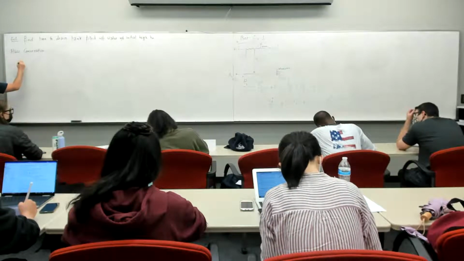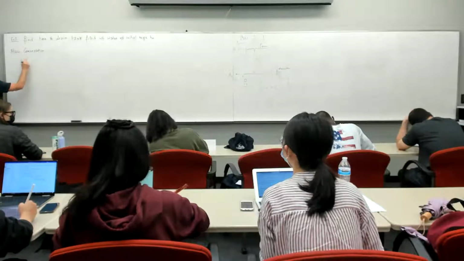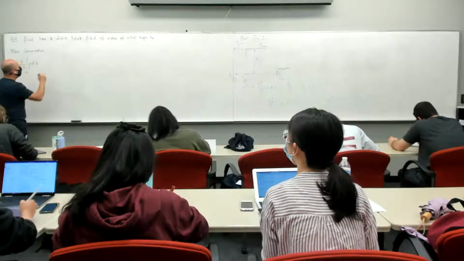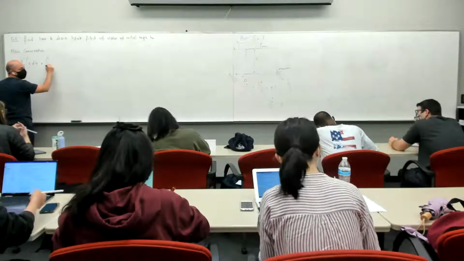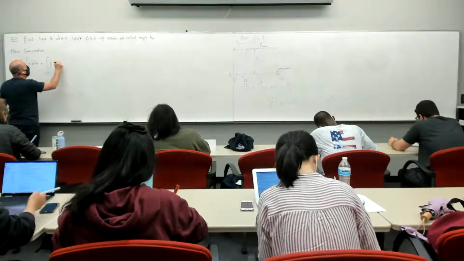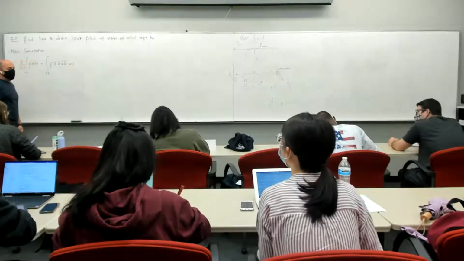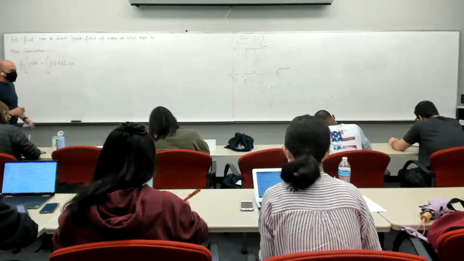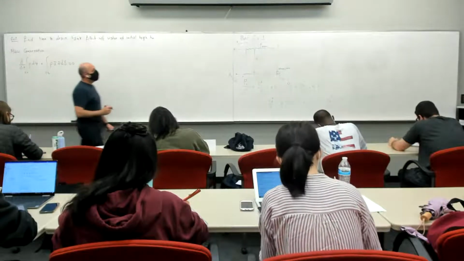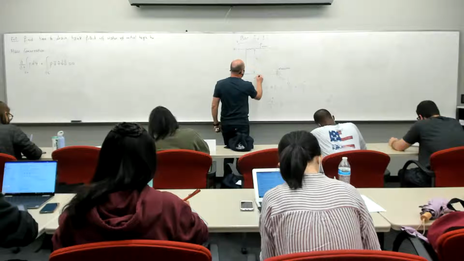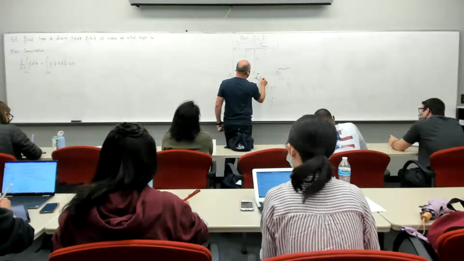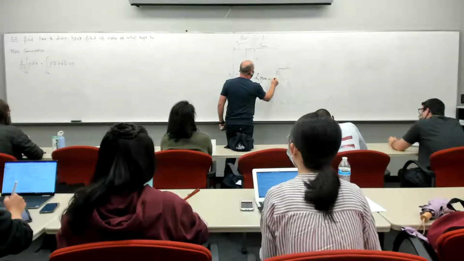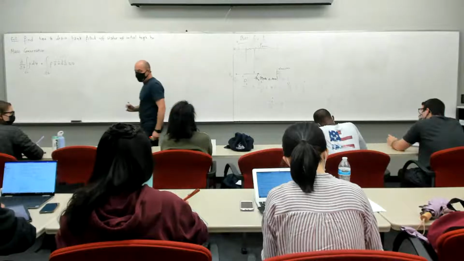So we had d by dt of the integral of rho dV over the control volume, plus the integral over the control surface of rho u dot n dS, equal to 0. And if you remember that problem that we did last time, if the tank had a cross-sectional area A_T, tank cross-sectional area.